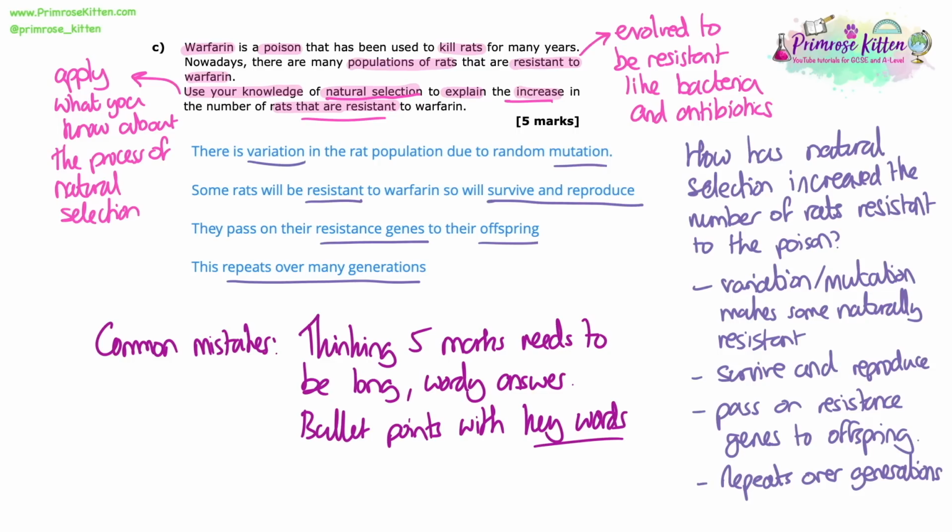So if any of these points weren't in the right order, so that the process of natural selection could occur in that order, then you would potentially lose marks here. So that's something that's important to think about. But bullet points or short sentences with keywords used correctly is fine, and a small amount of that done really well will get you more marks than waffling for ages.